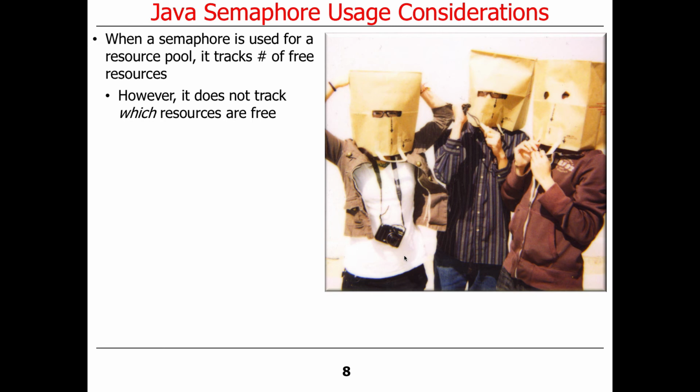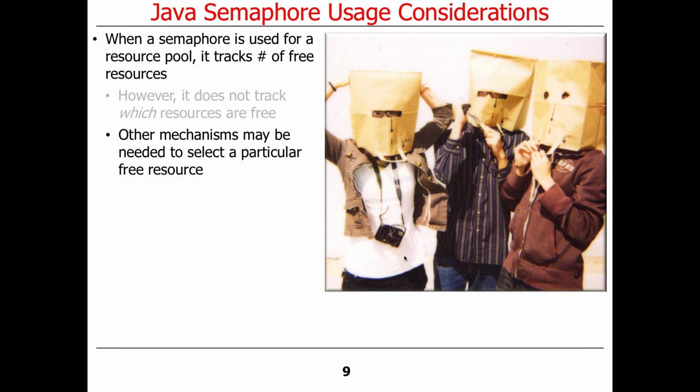It treats the resources as just a count rather than individual resources. For that reason, you need something else to figure out which resource someone can get access to. In your Palantiri simulator app, the Palantiri manager uses a semaphore to figure out how many available Palantiri there are, but to get the next free Palantiri, something else has to be used. In your case, it's a hash map, right? So you have to do that.